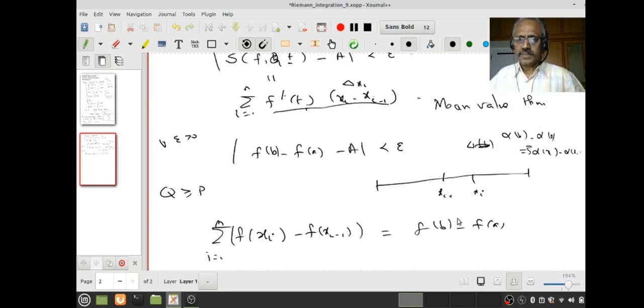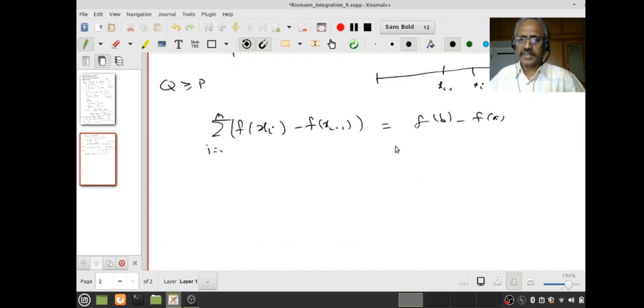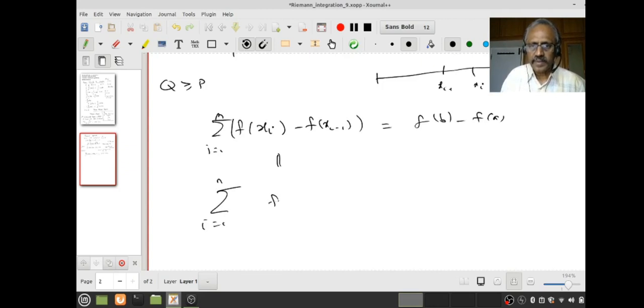Now look at this. The f(b) - f(a) is this, but f(x_i) - f(x_{i-1}), I know what it is. So what do you think I will do? You told me f is differentiable, right? f is differentiable and f' is Riemann integrable, right? Therefore, by the mean value theorem, this object is nothing but the sum, i equal to 1 to n, of f'(t_i) times (x_i - x_{i-1}).